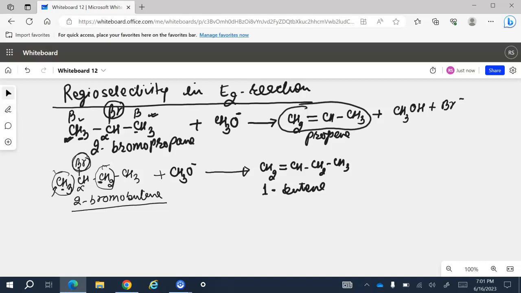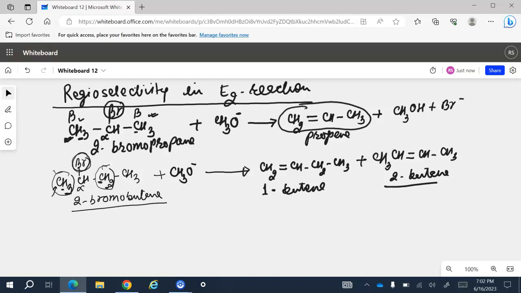That means we are removing the hydrogen from this beta CH3 along with the bromine. But if we remove the hydrogen from this CH2 beta hydrogen along with the halogen, the result will be CH3 CH double bond CH CH3. That means 2-butene will be another possible product.